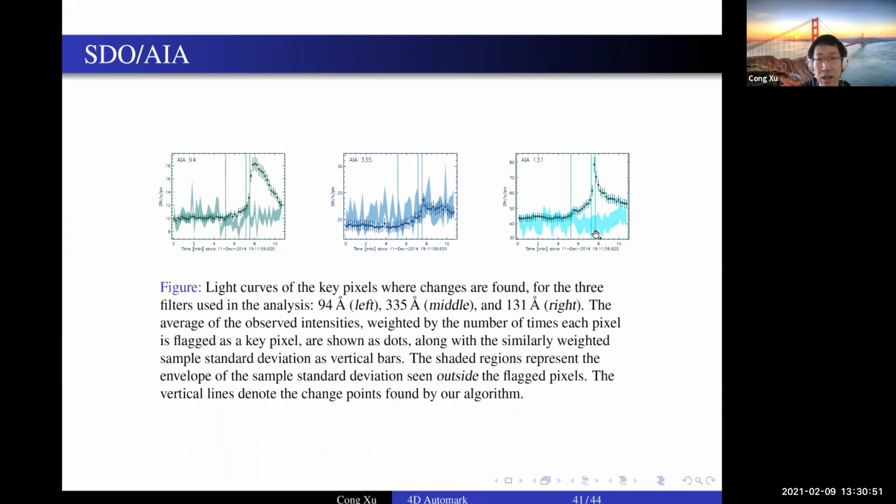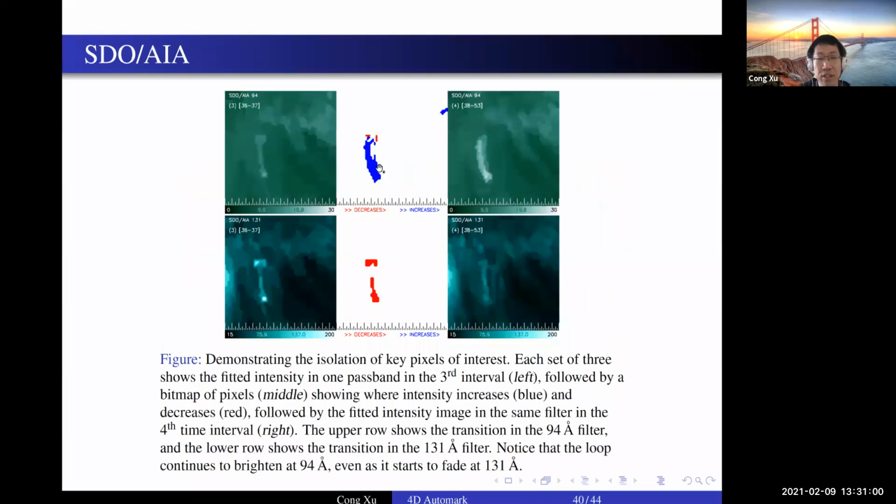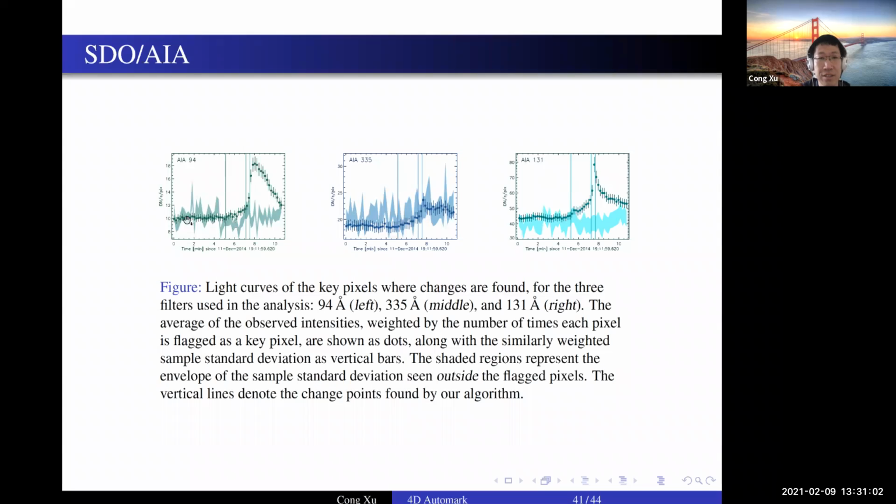And we can see that, apart from this detected key pixel regions, for the background, the light curve seems to be flat or does not change a lot. But we can see all these changes are pretty obvious or significant in the detected regions.